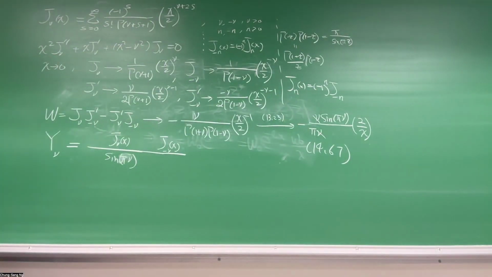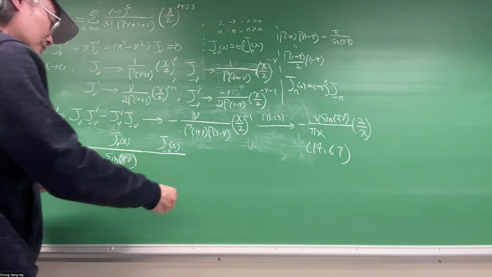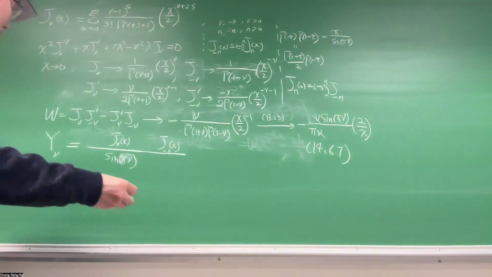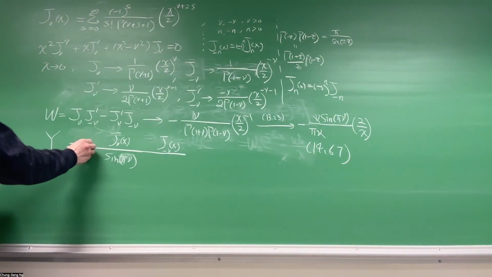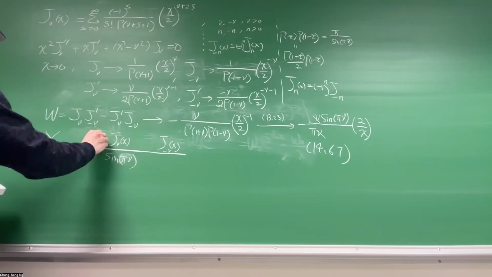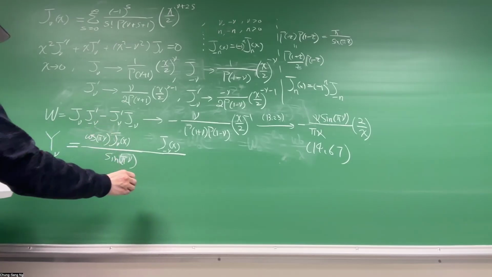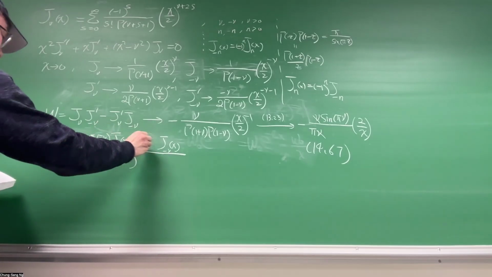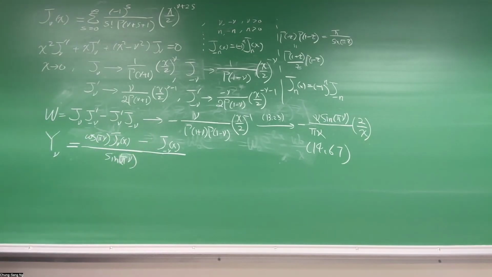We are making use of that. So we define that with this minus 1 to the nu power. But this minus 1 to the nu power we can write using the cosine function, cosine pi nu. And the second term, we just subtract this too, right?